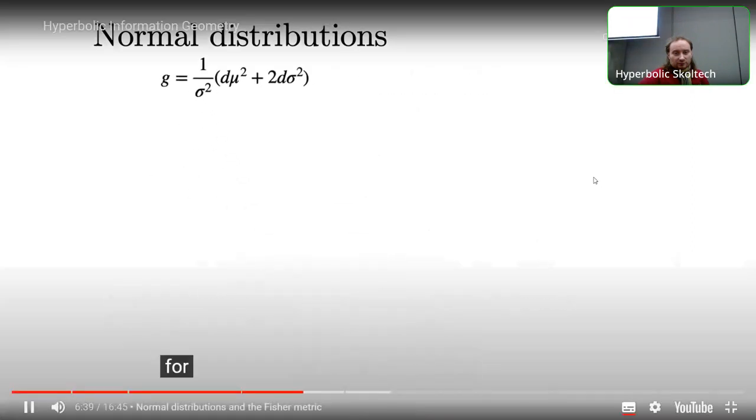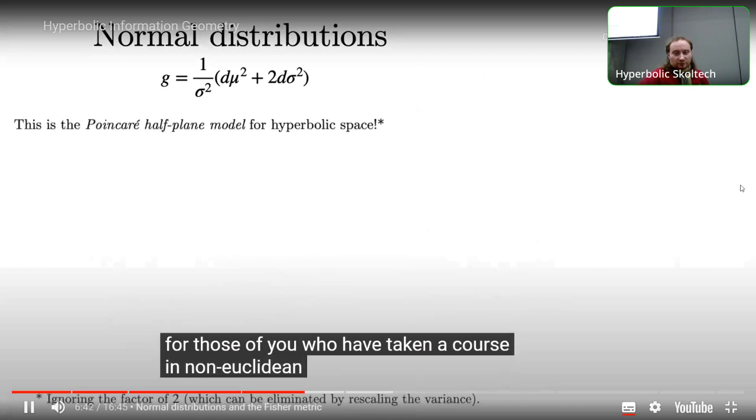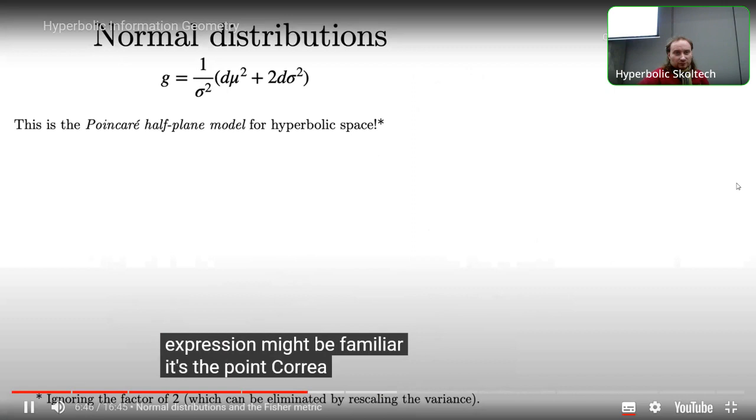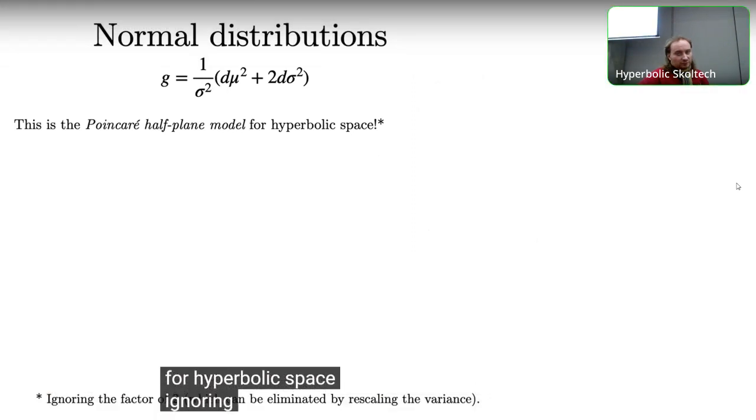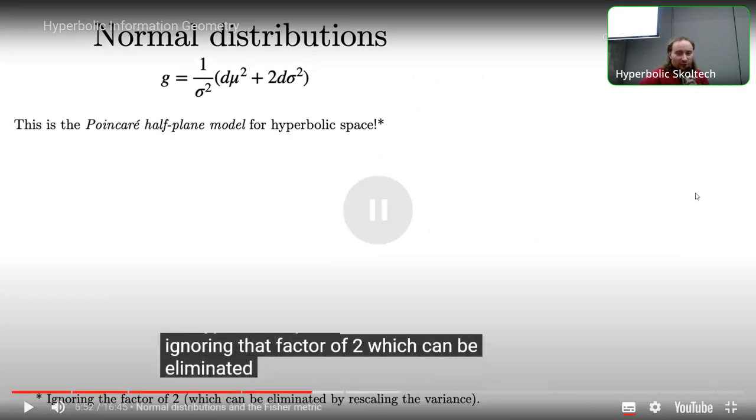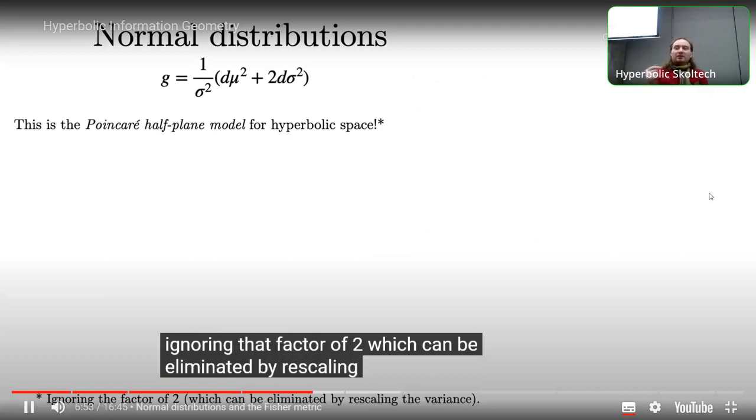If you've taken a course in non-Euclidean geometry, this expression might be familiar. It's the Poincaré half-plane model for hyperbolic space, where sigma is greater than 0, up to a factor of 2, which can be absorbed by rescaling the metric.